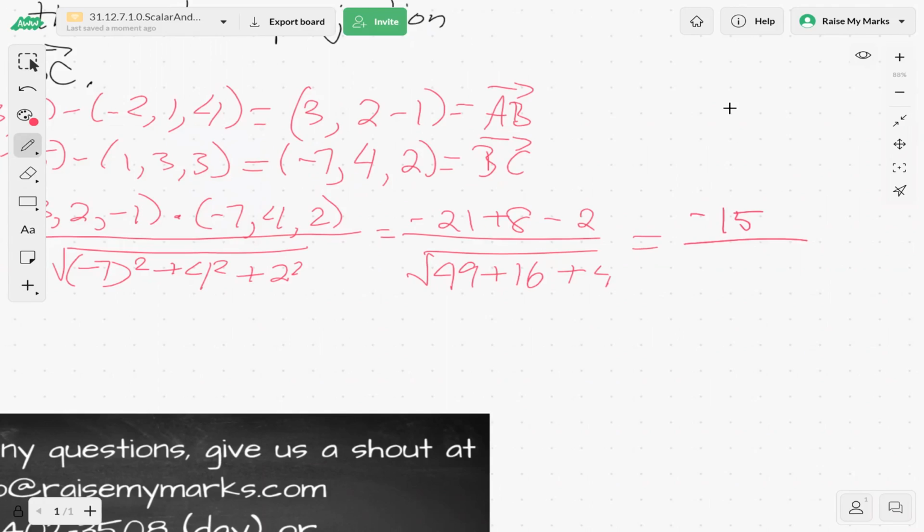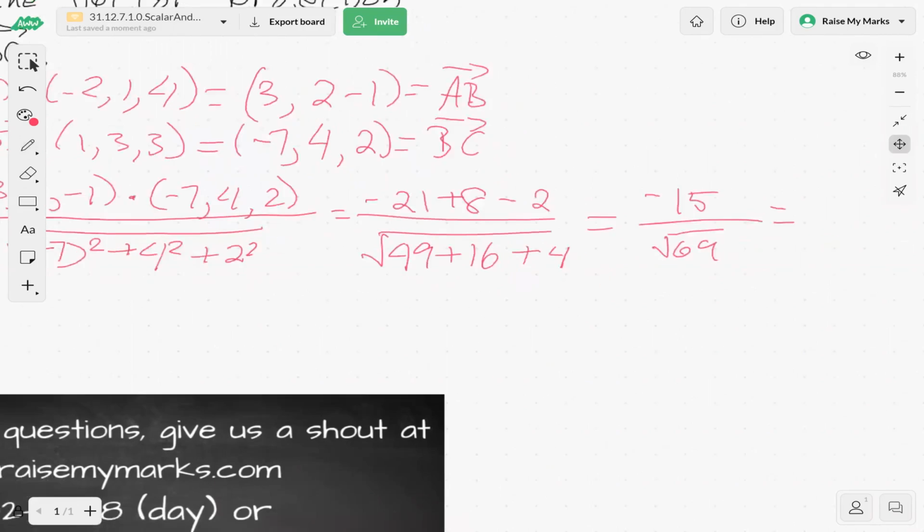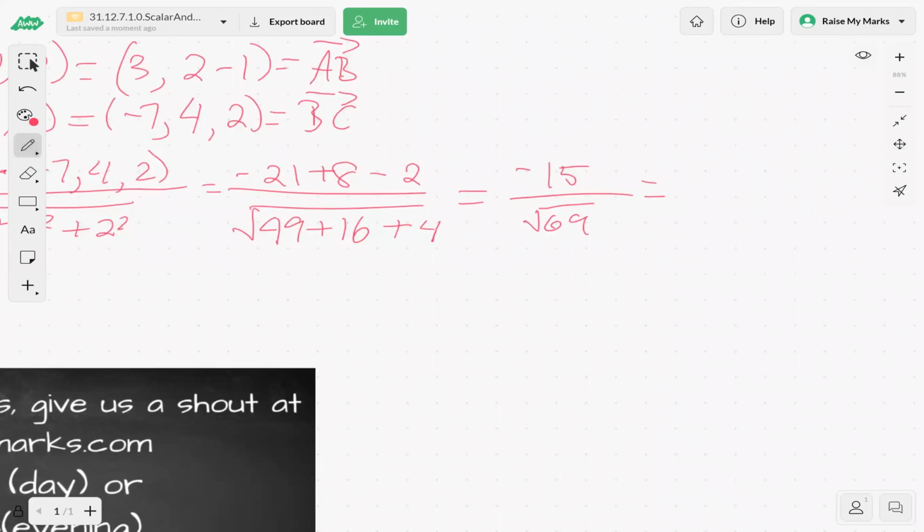And in the denominator, what do we have? We have 49 plus 16 plus 4. Take the square root of that. Actually, the square root is 69. So we get -15 over square root of 69, which is -8.3.